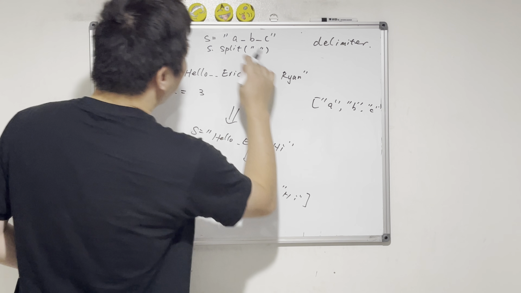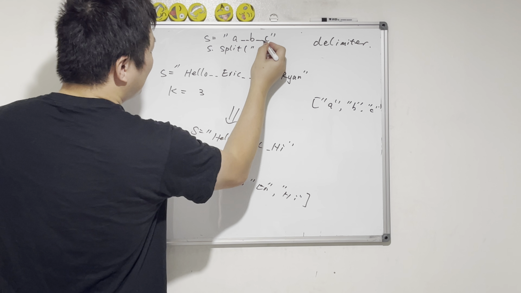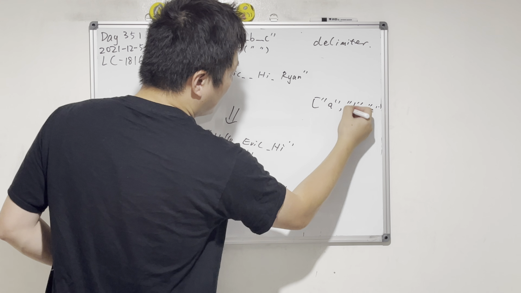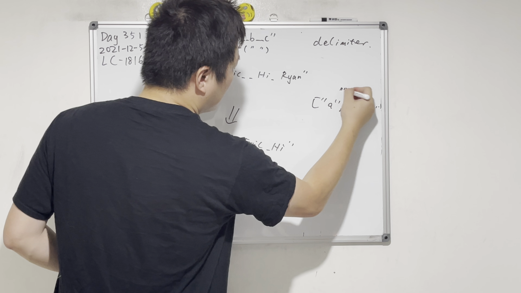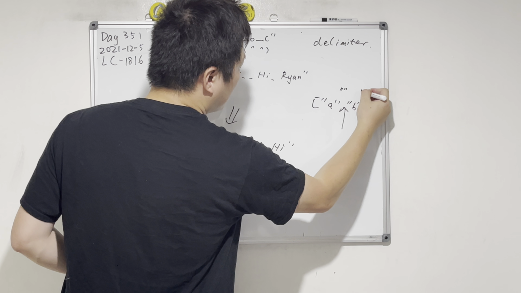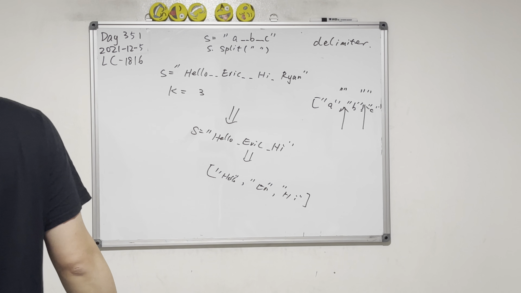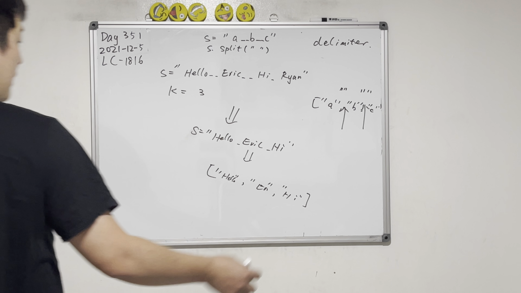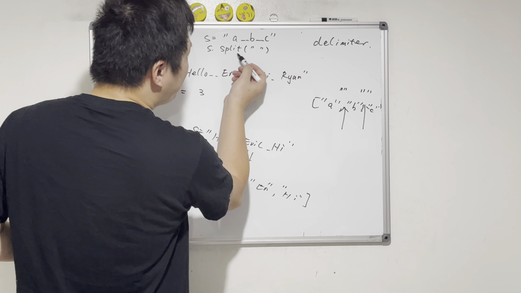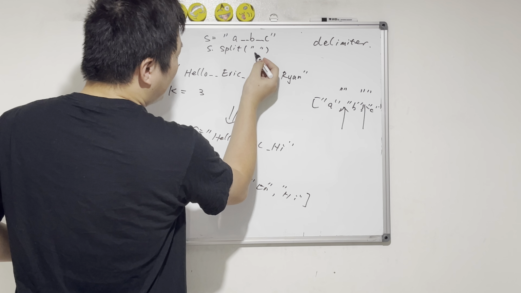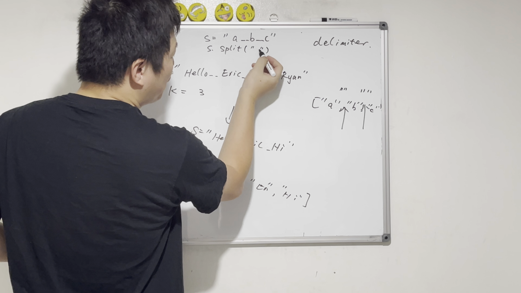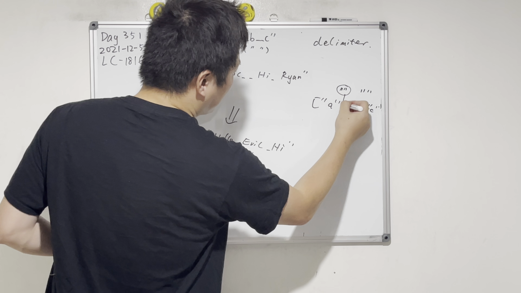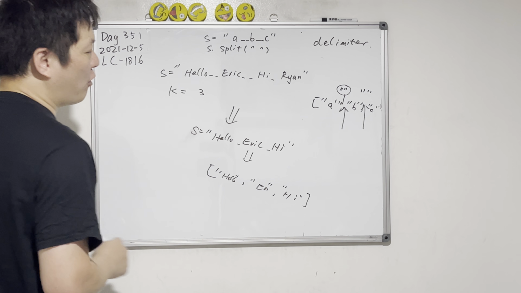But how about if there are multiple spaces? If you split by a single space, you will have extra empty strings between A and B, which is not what we want.